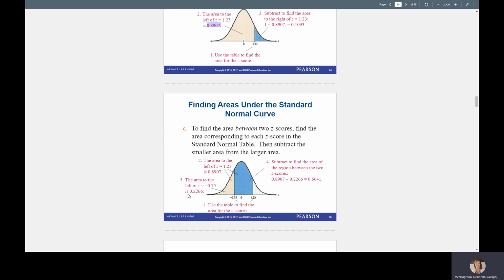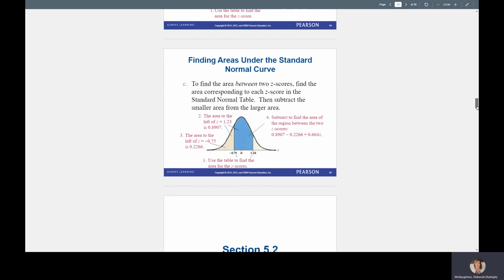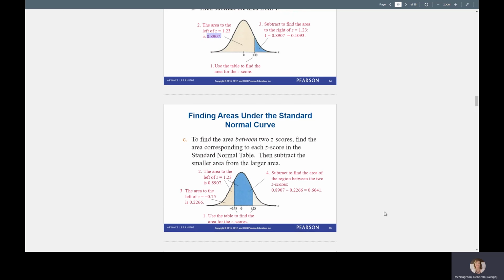And when I look that up, I get 0.2266. So this area here is 0.2266. This plus this is 0.8907, so it's showing you these two added together is 0.8907. So if I take 0.8907 and subtract off the 0.2266, that gives me this area here in the middle. Okay, and I'll show you how to do that using both the tables and using Excel.